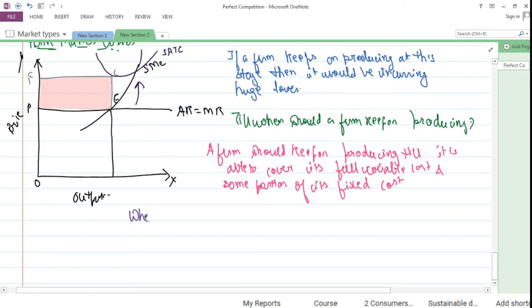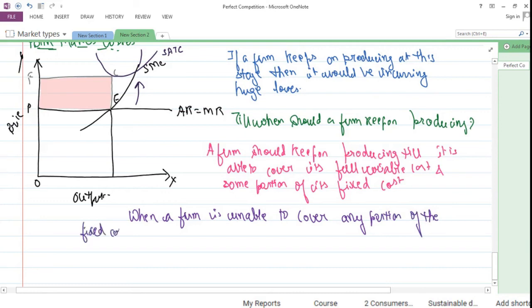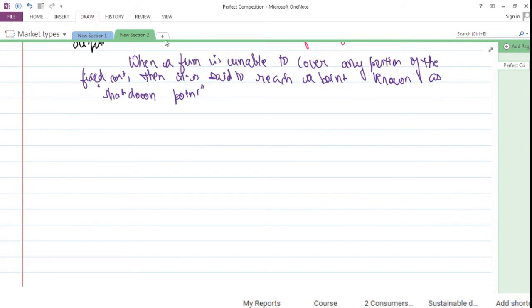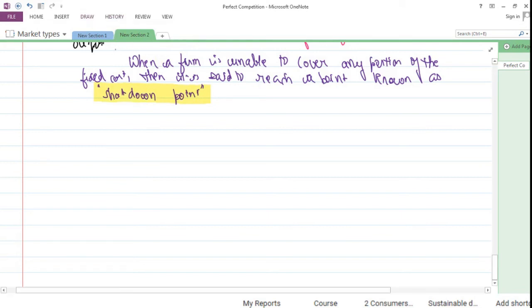So when a firm is unable to cover any portion of the fixed cost, then it is said to reach a point known as shutdown point. ओके इसे हम लोग शटडाउन पॉइंट कहते हैं. शटडाउन पॉइंट ऐसी जगह है जहाँ पे फर्म बिल्कुल भी अपने फिक्स्ड कॉस्ट को कवर नहीं कर पाता है.